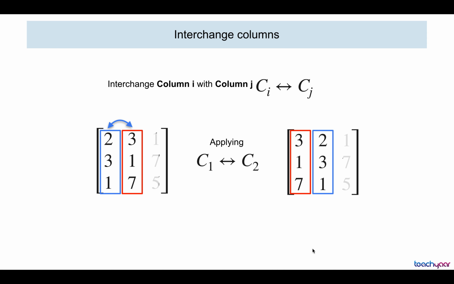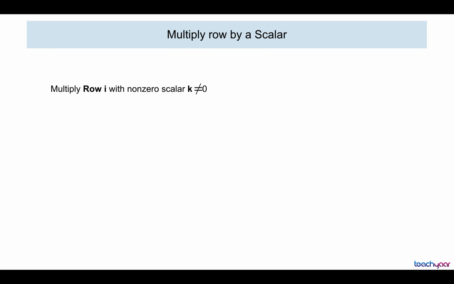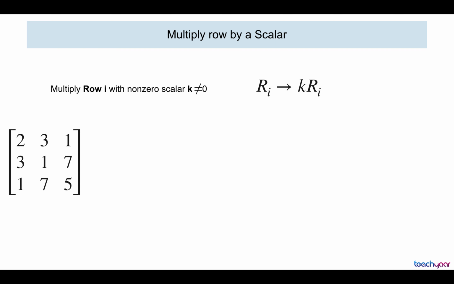Okay, so the second operation is multiplying a row by a scalar. What you can do is take a row in the matrix, row i, and multiply that row with any non-zero scalar k, and that is denoted by this set of symbols where row i becomes scalar k times row i. Let's look at an example.